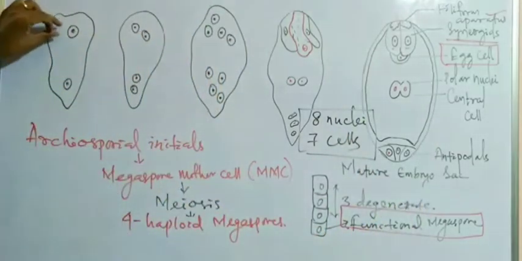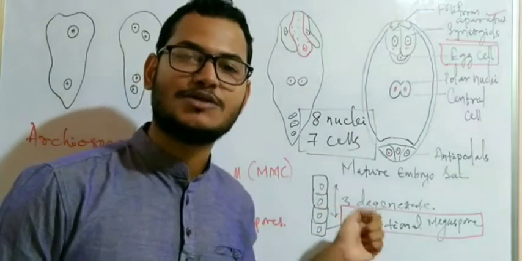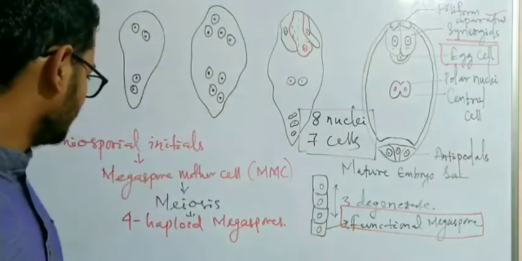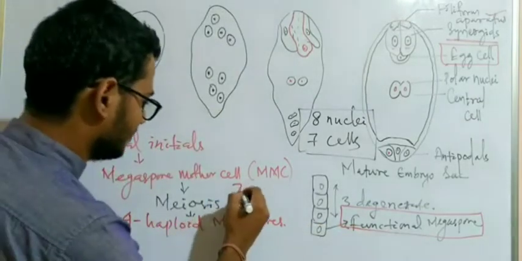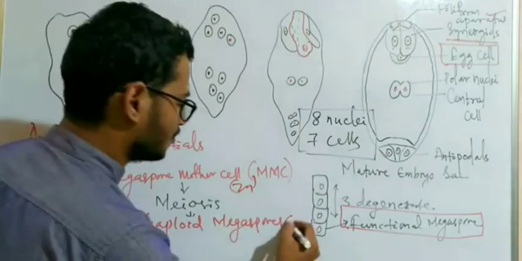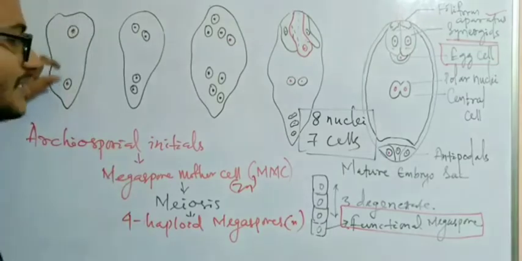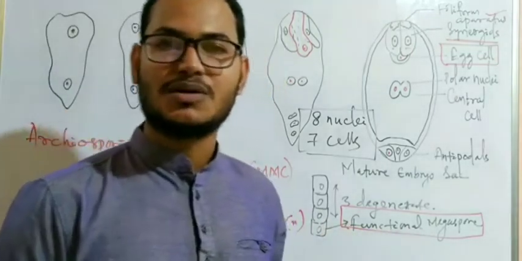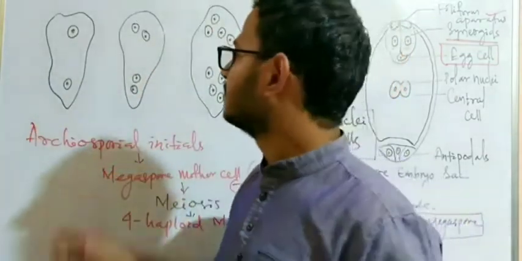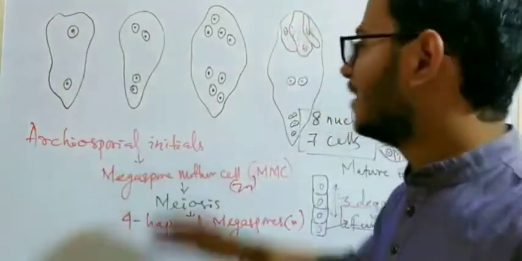You can see here two nuclei are formed from the functional megaspore as a result of mitotic division. So remember, the megaspore mother cell has 2n chromosomes, but the megaspores are haploid, having n number of chromosomes. The cells after division from the functional megaspore move to opposite poles.